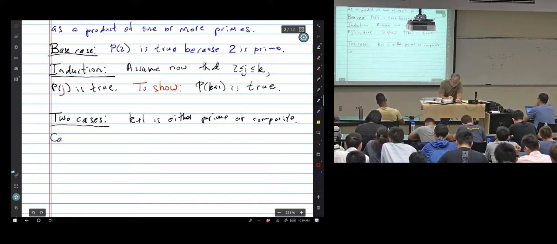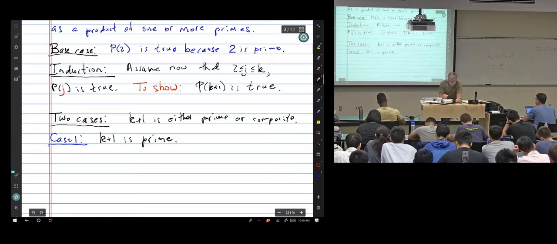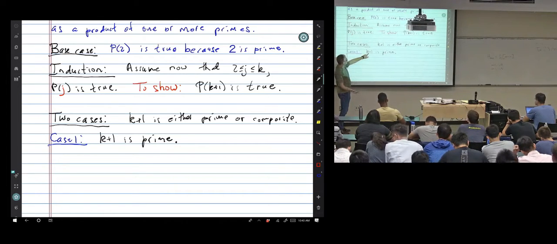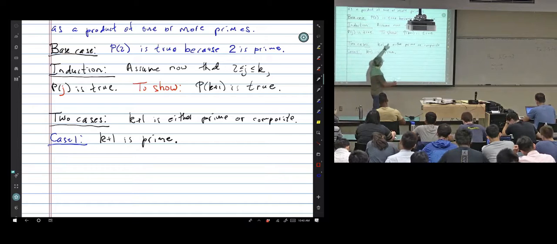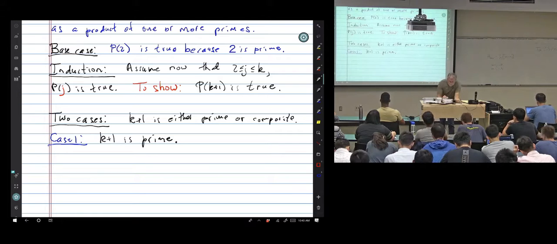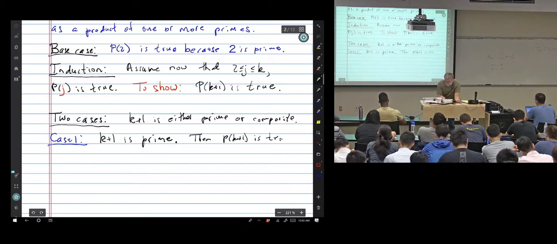Case 1, K plus 1 is a prime number. This case is trivial because if K plus 1 is prime, then this statement is true. It can be written as the product of 1 prime. Then P of K plus 1 is trivially true.